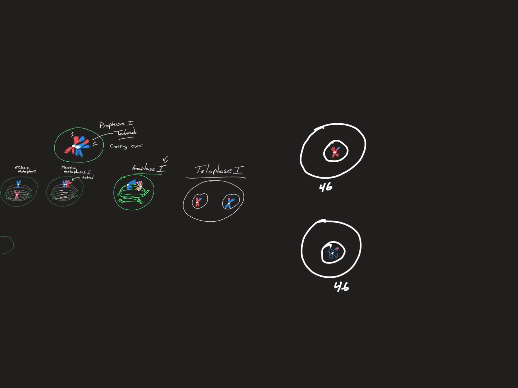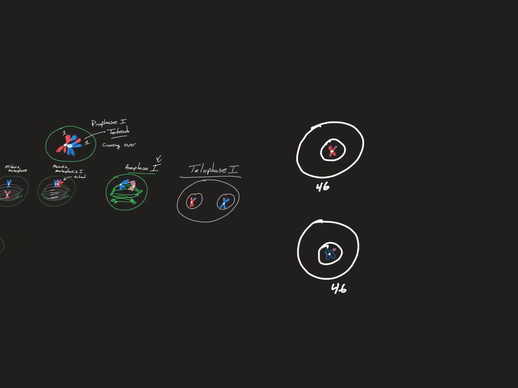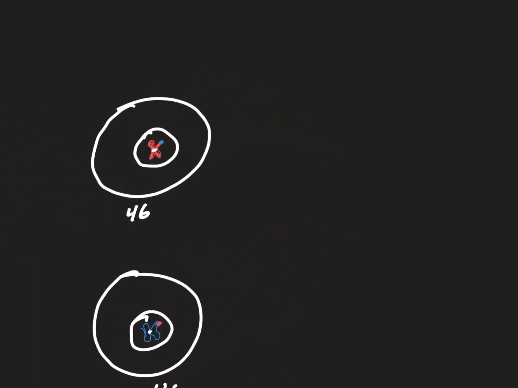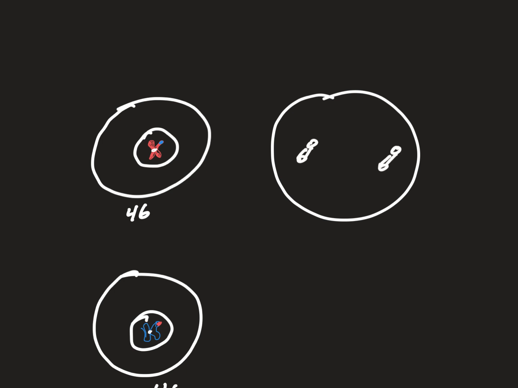So what do we do? How do we fix it? Split them again. Do it again. But without S phase. No S. We're skipping S phase this time. So at this point, you're going to do prophase, dissolve the nucleus. DNA is already condensed. Spindle fibers are going to form. Centrioles have been copied.